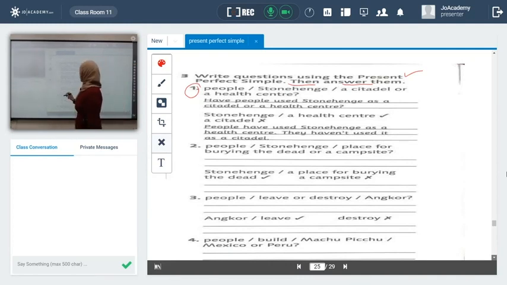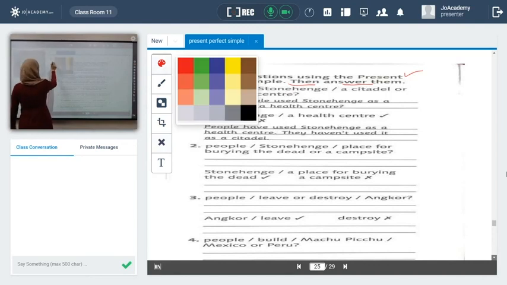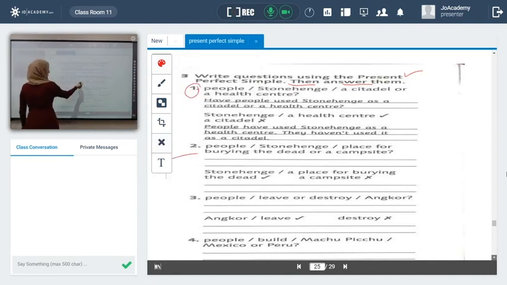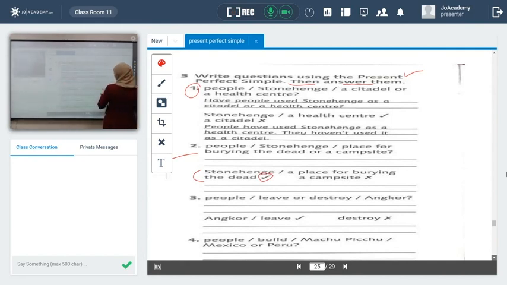Let's now do number 2. People, Stonehenge, place for burying the dead, or as a campsite. So, what is the question? And the answers will be as the following. Stonehenge, a place for burying the dead, will be the affirmative sentence.